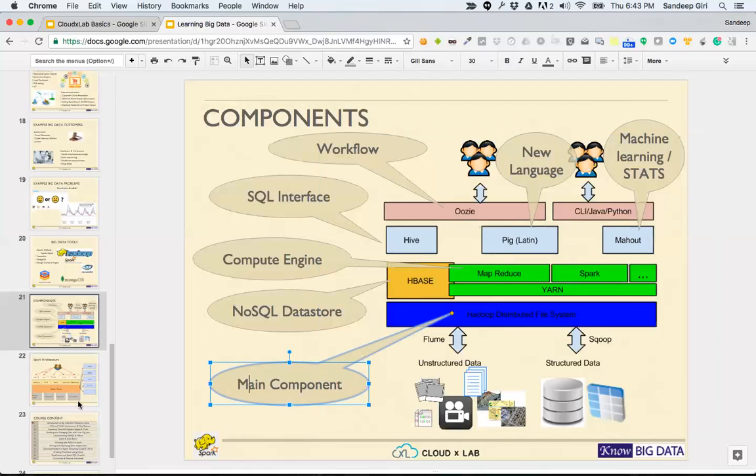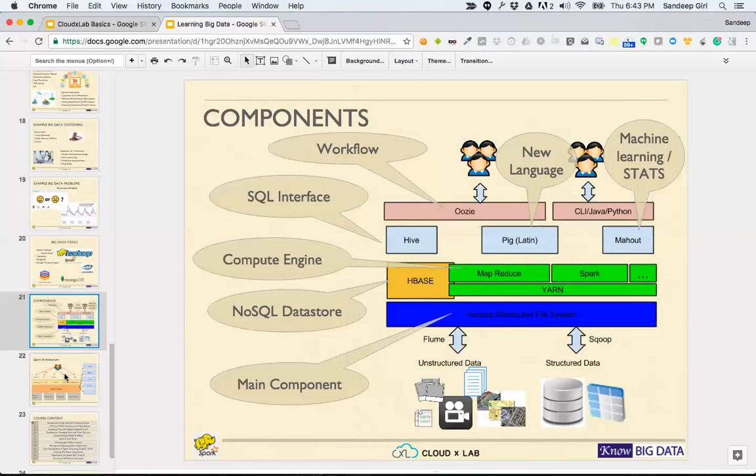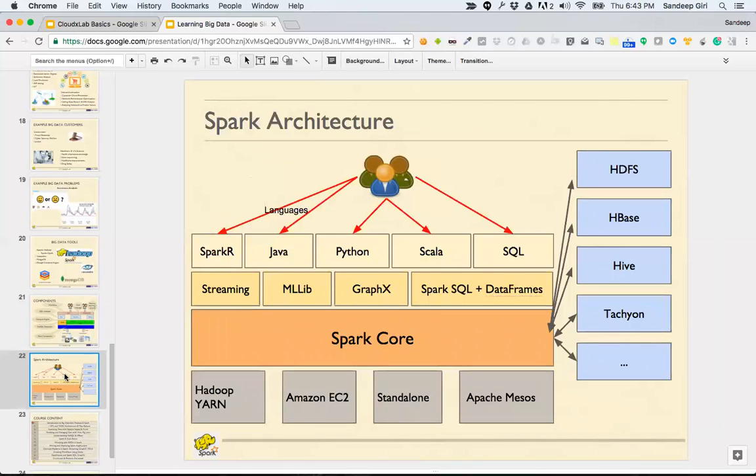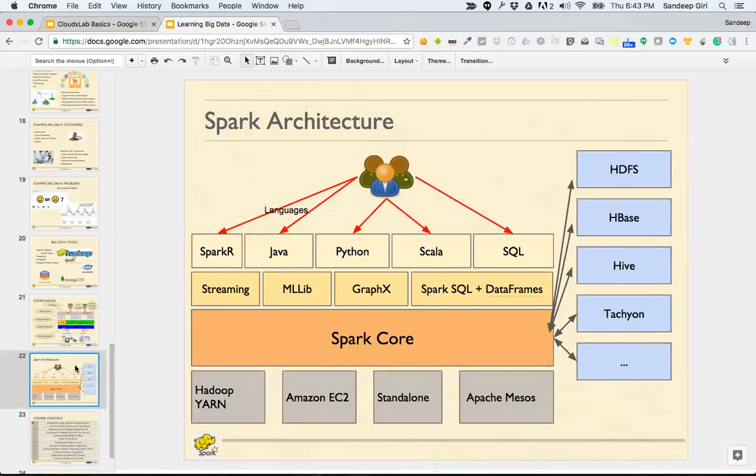Pig Latin has been replaced with Spark SQL, and so is Hive. Spark is easier to compute with. Therefore, in this course, we will spend very little time on MapReduce, and we will spend more time on Spark.